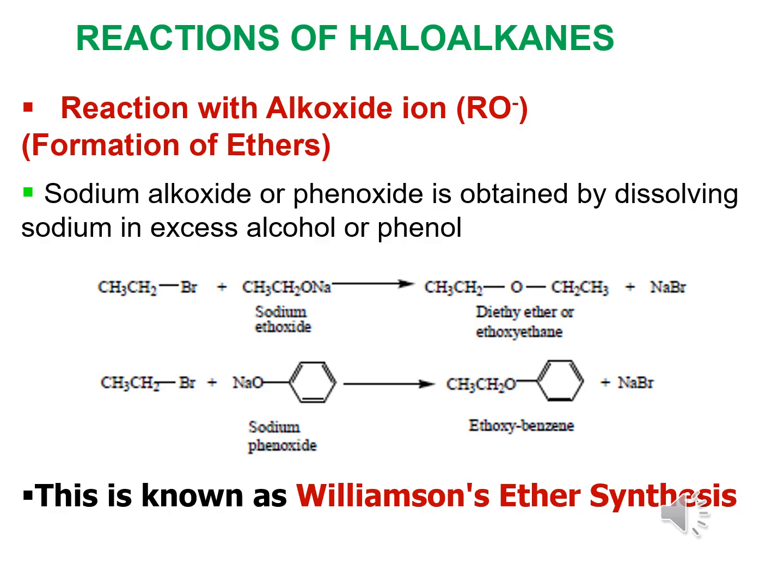The same thing happens when you are using sodium phenoxide as your alkoxide. This is Williamson ether synthesis. Don't forget, it's only primary alkyl halide or methyl that is useful for Williamson ether synthesis.